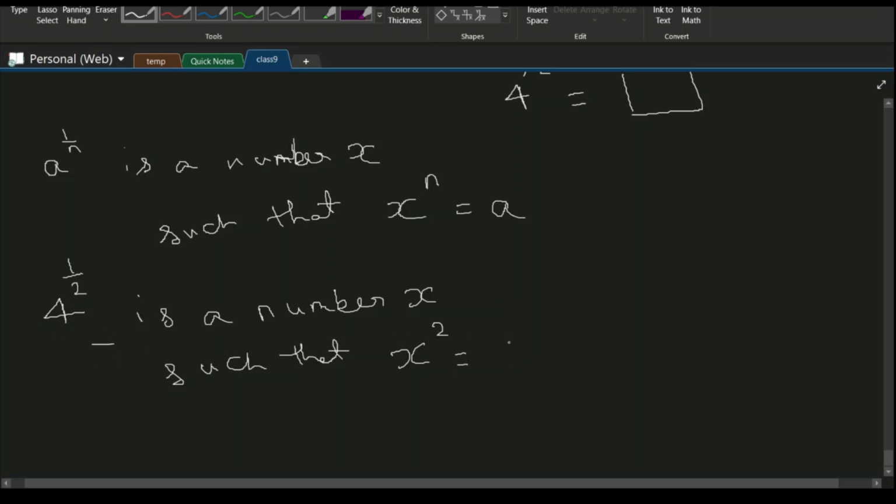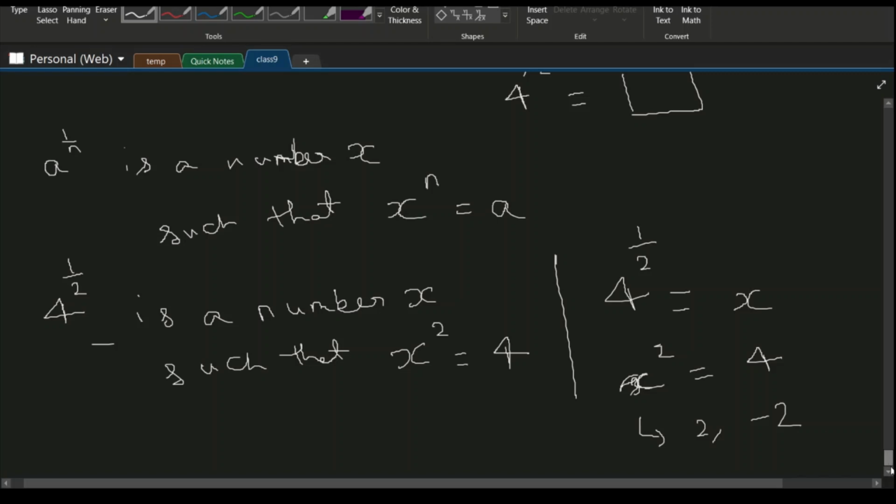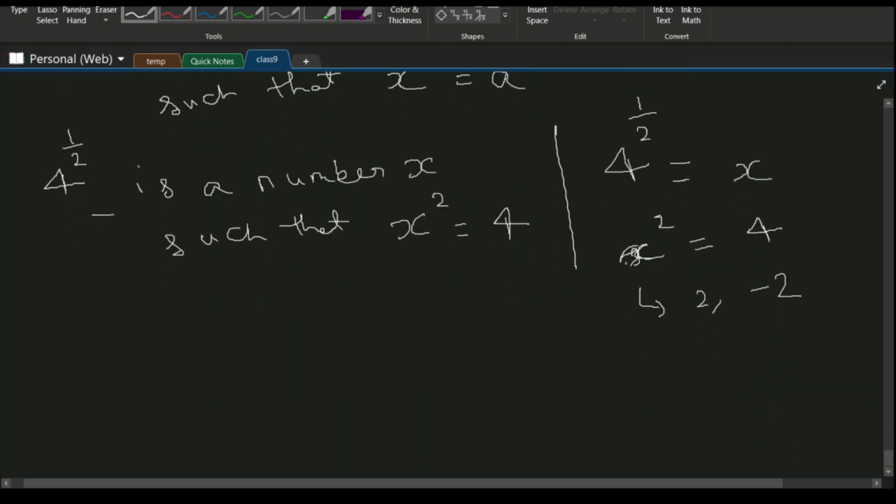So I'll say x to the power 2 should be 4. All I'm saying is 4 to the power half, or the square root of 4, is a number x, and that number x when squared should give me 4. Which number when I square gives me 4? 2. There are two options here, 2 as well as minus 2.